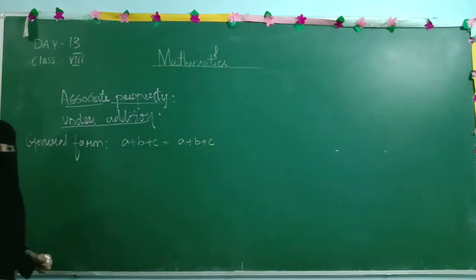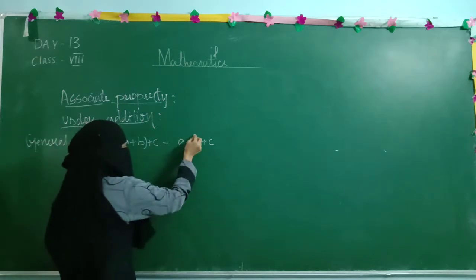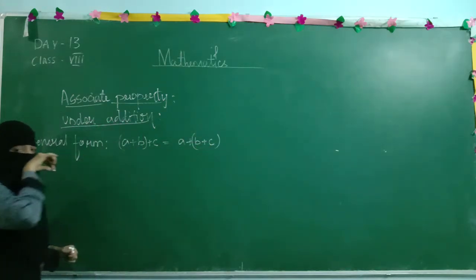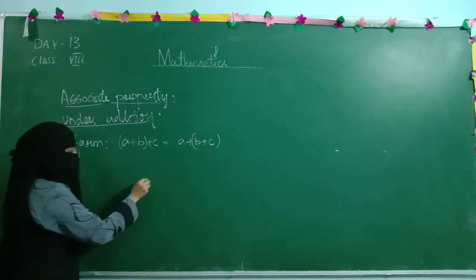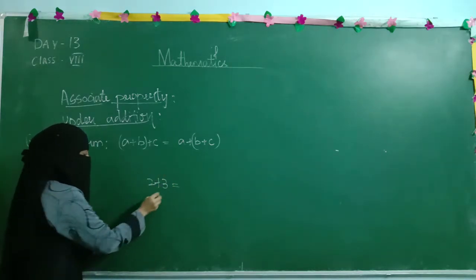Here, you need to put a bracket on the first two terms, and on the right hand side you need to put the bracket on the last two terms. So what we are proving here is that irrespective of their order, if you do 2 plus 3, you will get the result as 5.